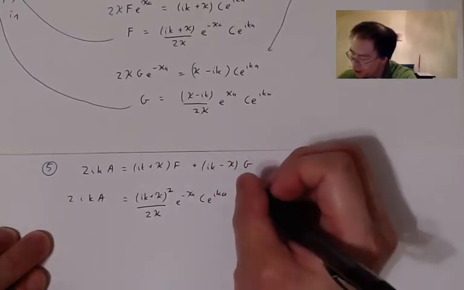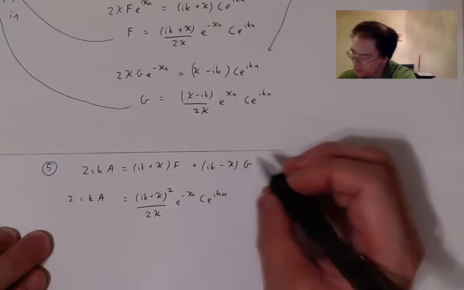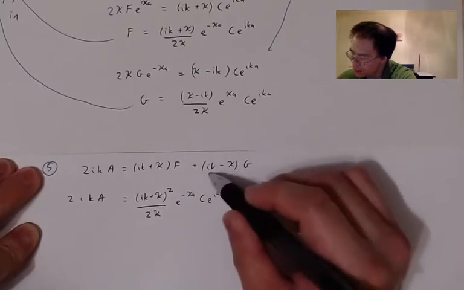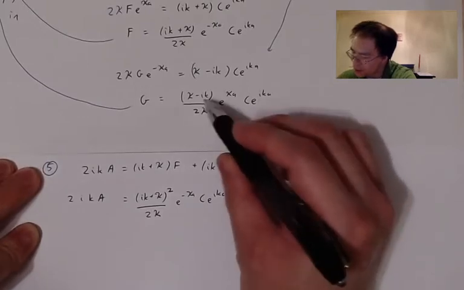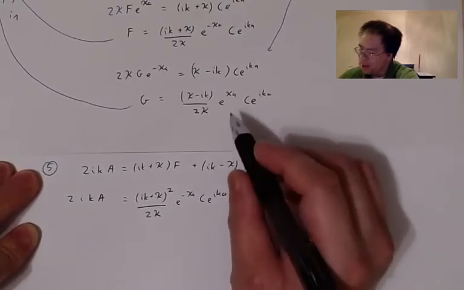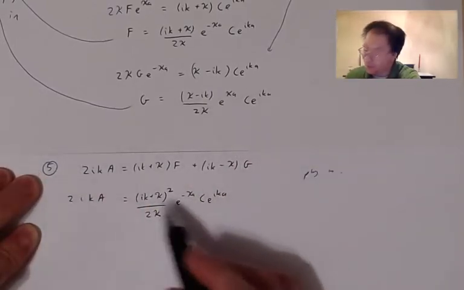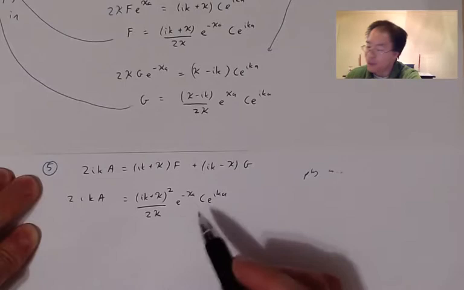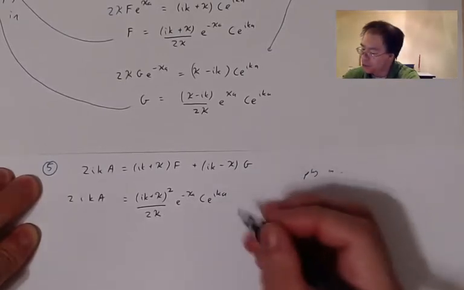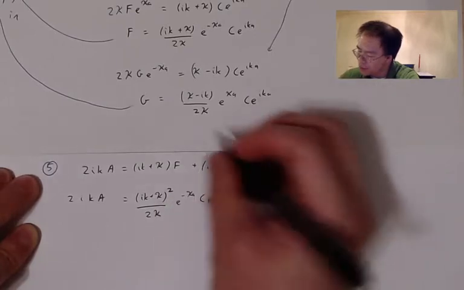And then now I have something that's quite similar. I have this ik minus kappa times this, which looks like ik minus kappa. I want to get it to look similar to this, where I have ik minus kappa quantity squared, by just factoring out a minus sign here.